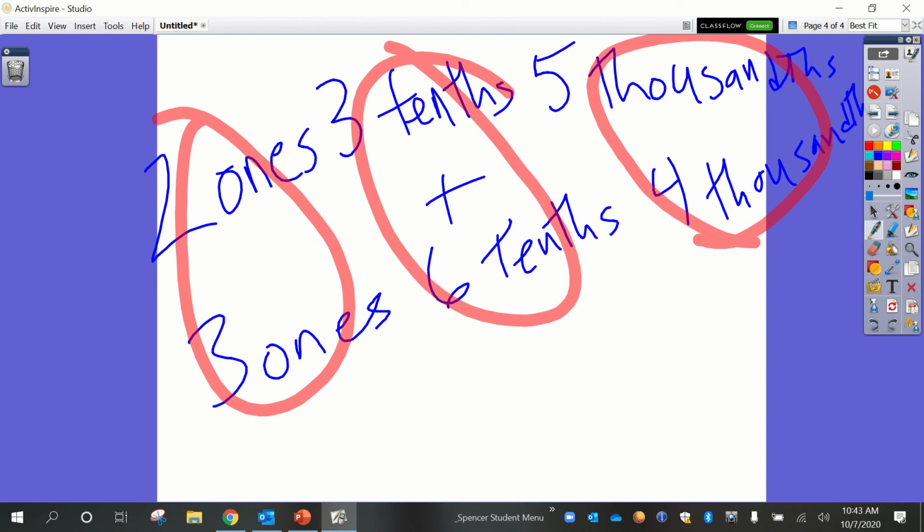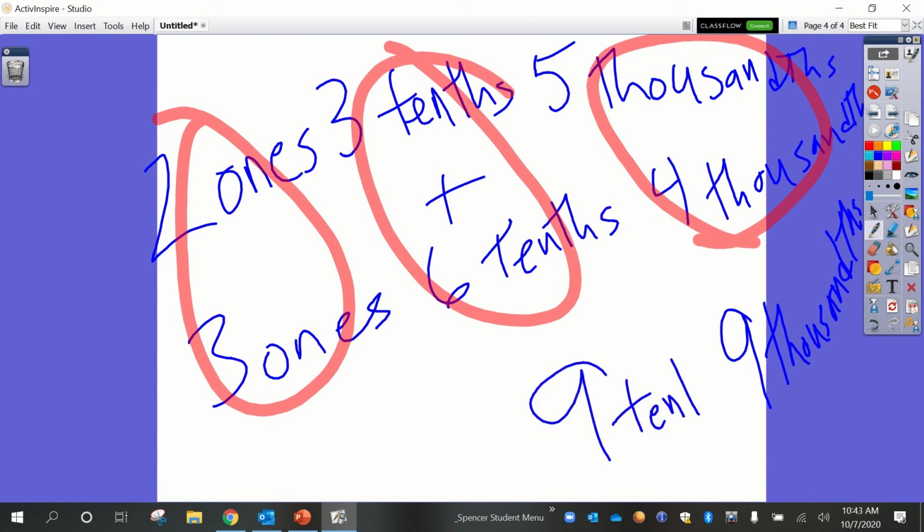So tenths plus tenths, ones plus ones, and thousandths plus thousandths. Well, what's 5 thousandths plus 4 thousandths? That's 9 thousandths. And what's 6 tenths plus 3 tenths? That's 9 tenths. So you're just adding the digits and the unit comes along with it. 2 ones plus 3 ones, that's 5 ones.